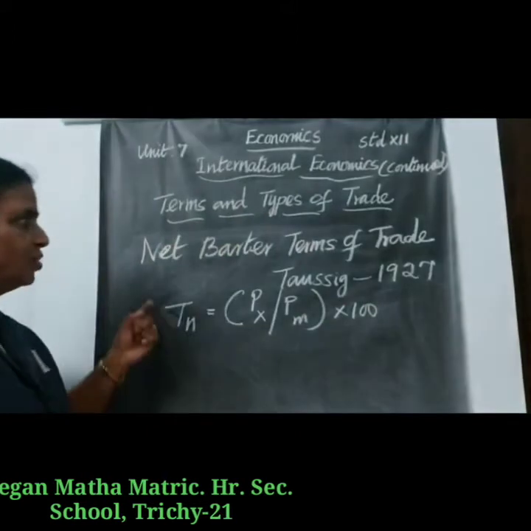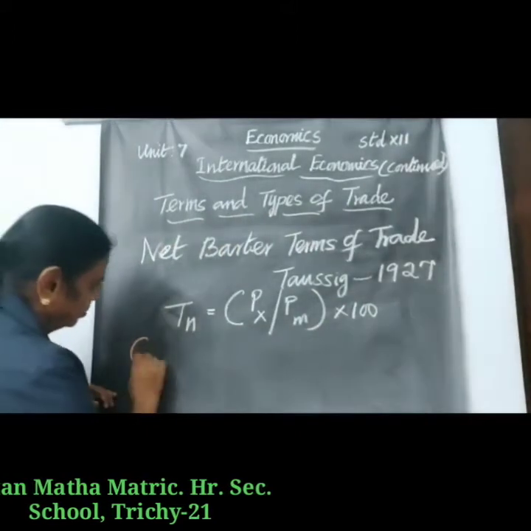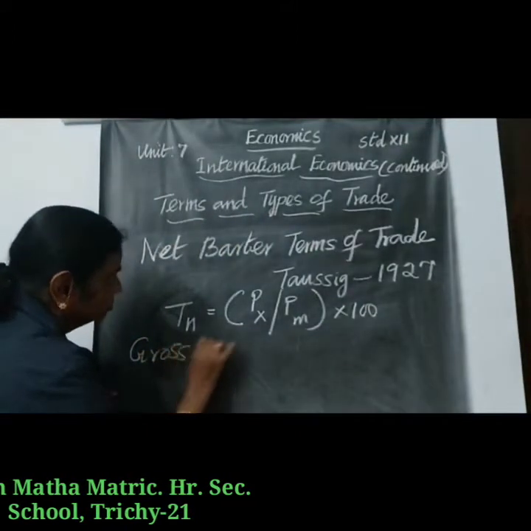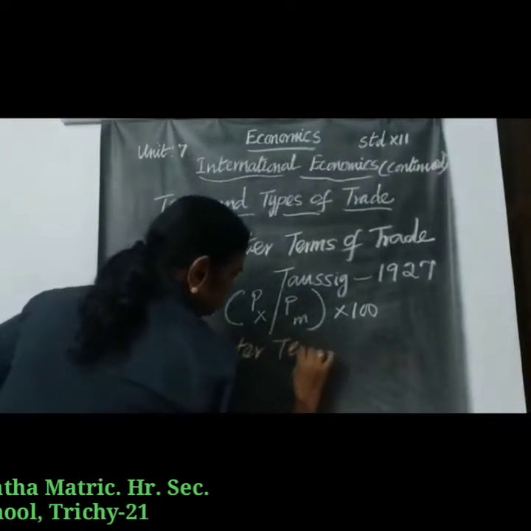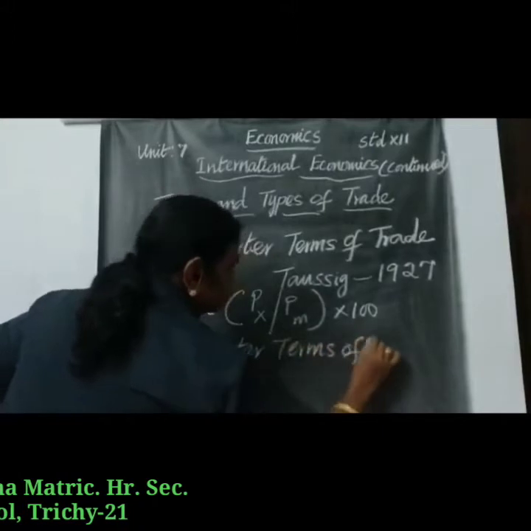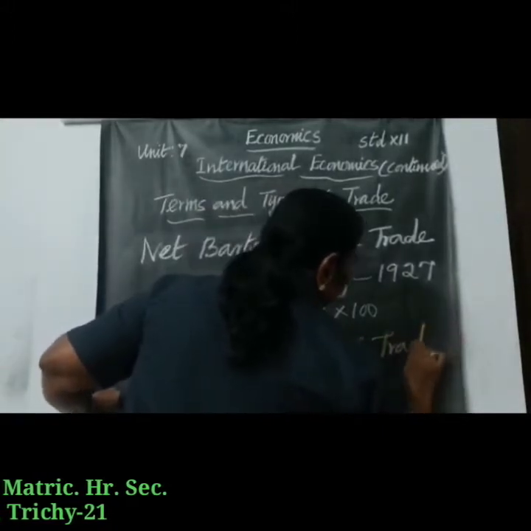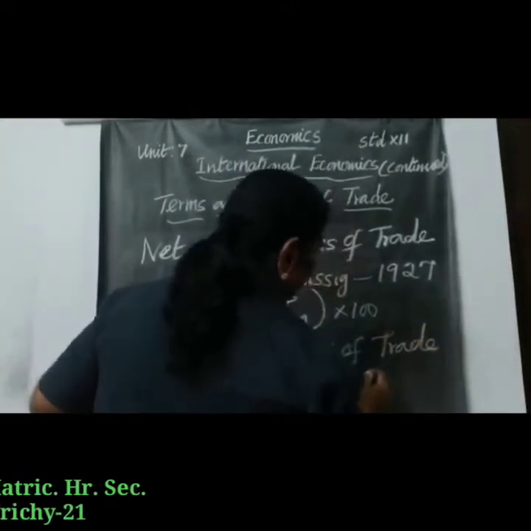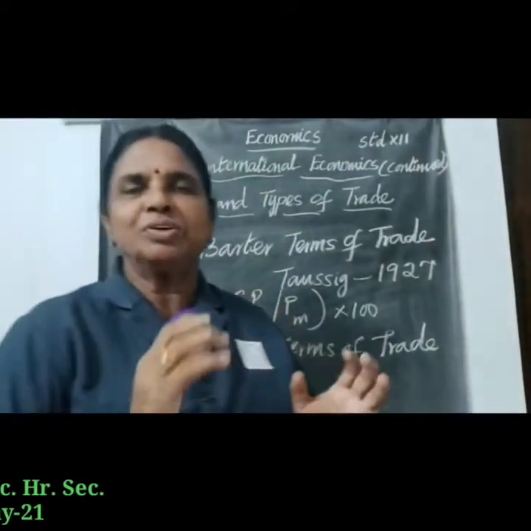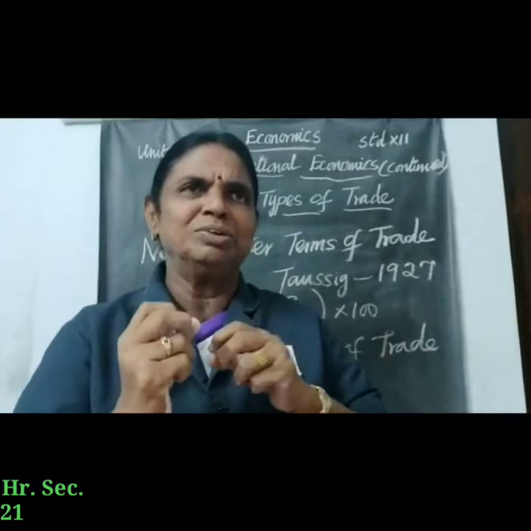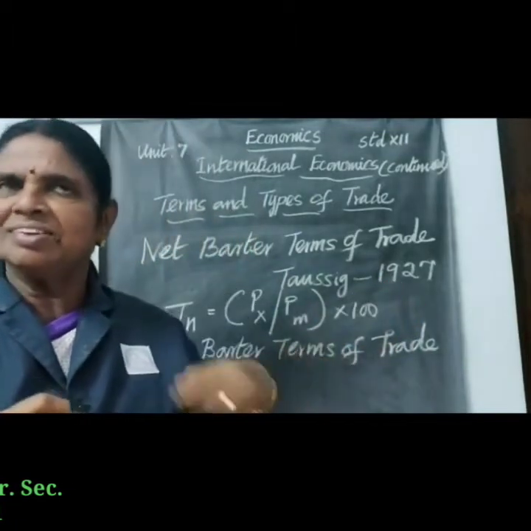Second, gross barter terms of trade. That also was given by Taussig in 1927.